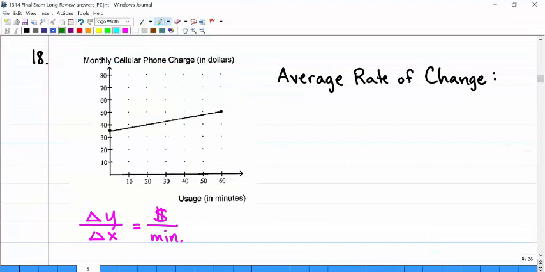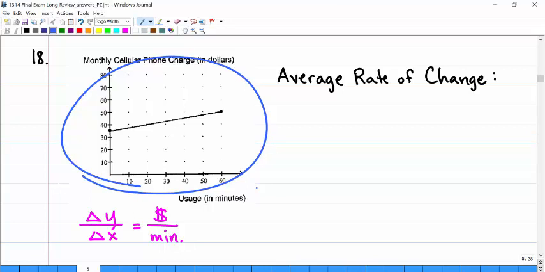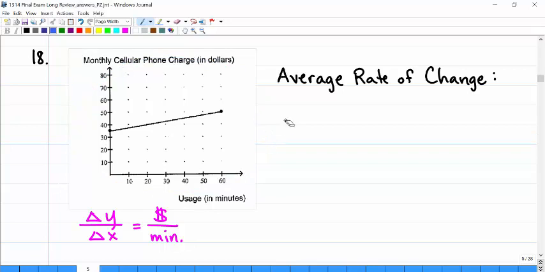Number 18 asks you to find the average rate of change illustrated in this graph. And I want you to remember that the average rate of change is found by doing f of b minus f of a over b minus a.